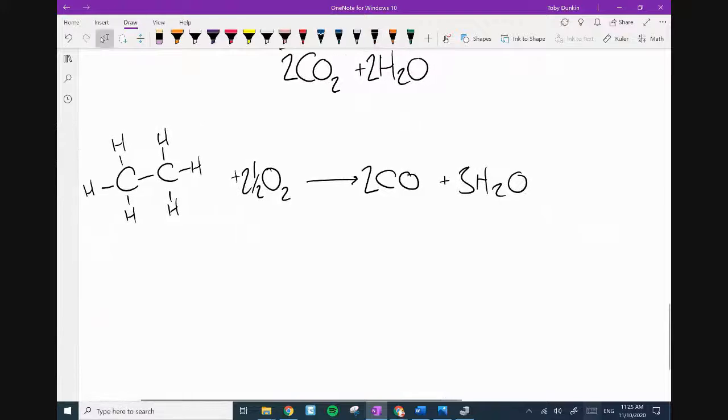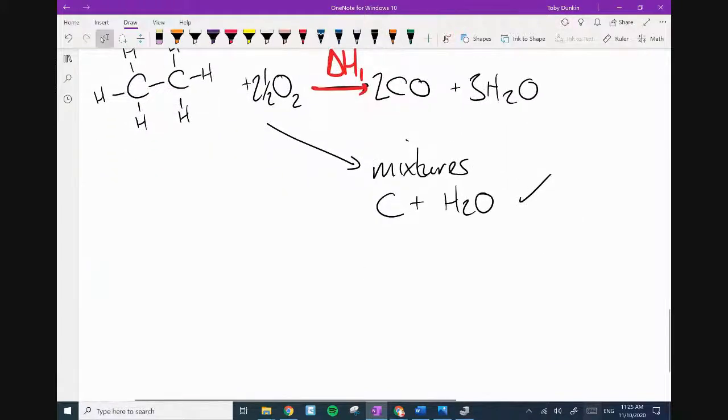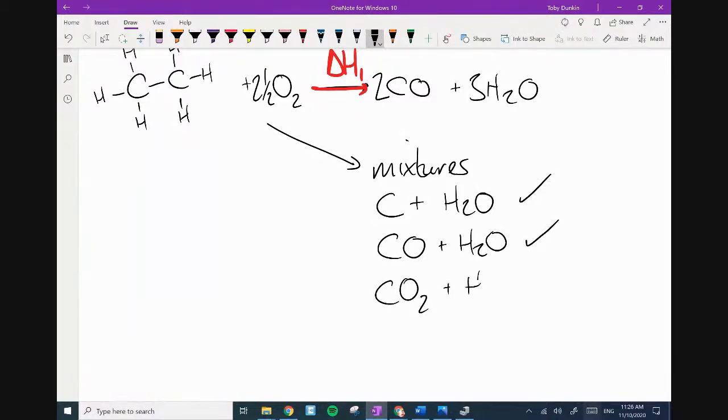This reaction will be borderline impossible to measure. That reaction won't happen because the problem is we're going to get a mixture of reactions. We know that we're going to get carbon plus water as one reaction. We're also going to get a bit of carbon monoxide and water, another, but we're also going to get some complete combustion as well.